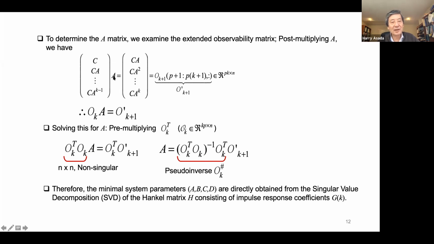Post-multiply A, then you get and shift this one block: CA squared, and the last one is CA^K. So this is something one block ahead. Let me write it as O_{K+1}, meaning that it's starting from CA to CA^K.